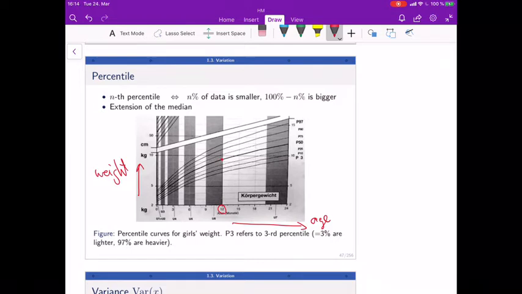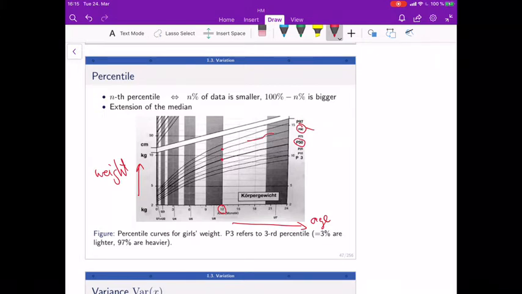The median, the 50th percentile, is at just above 9 kilos. If your kid weighs 11 kilos, then if you follow this line, you're in the 90th percentile. So you know that 90% of kids are smaller and only 10% are even heavier.